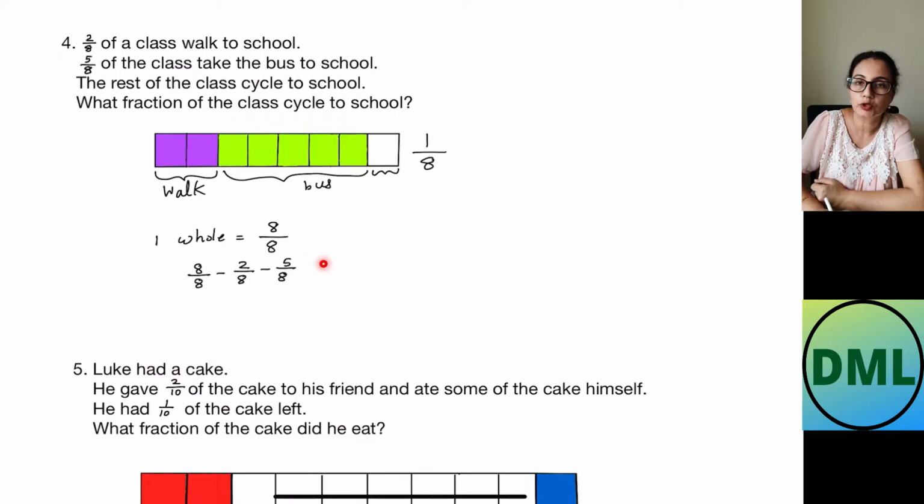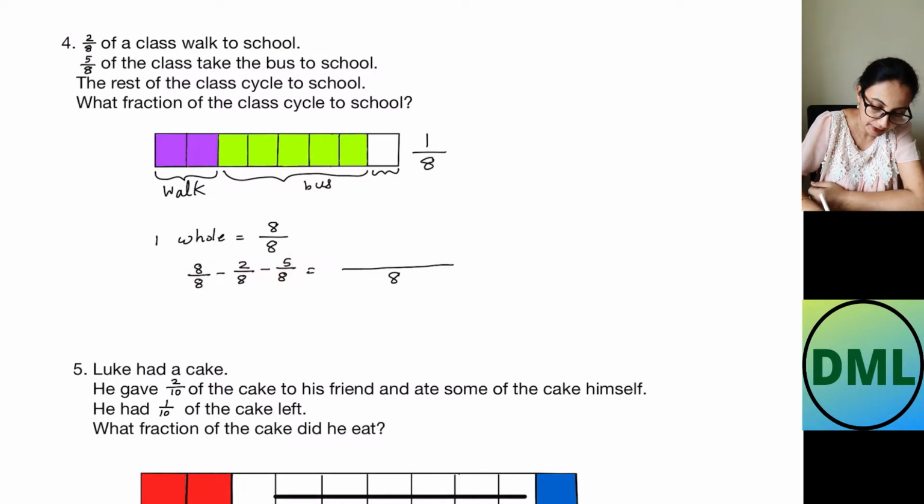Now I need to solve that. To solve this, my denominator should be the same. My denominator is the same, 8. It will be written as how many times? 1 time. Let's write it as 1 time. I need to subtract 8 minus 2 minus 5. All the things in the numerator, I need to subtract. Let's write it here. 8 minus 2 minus 5.